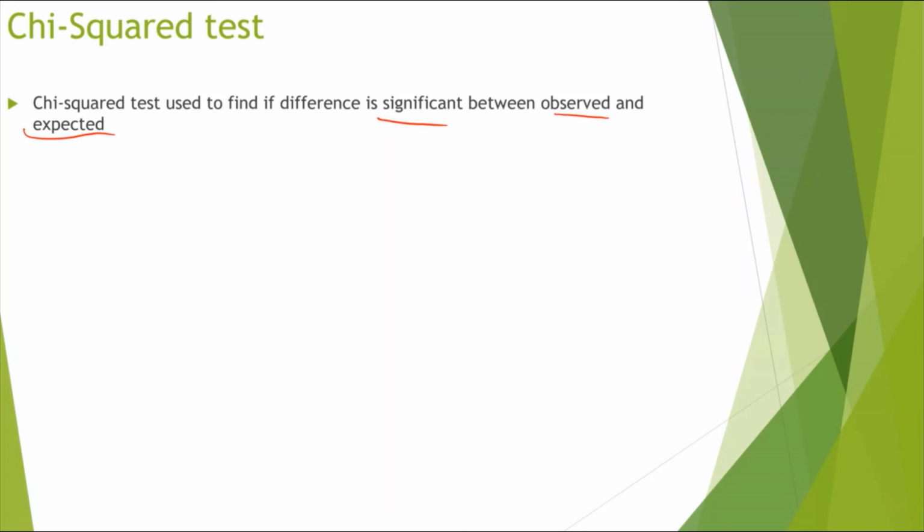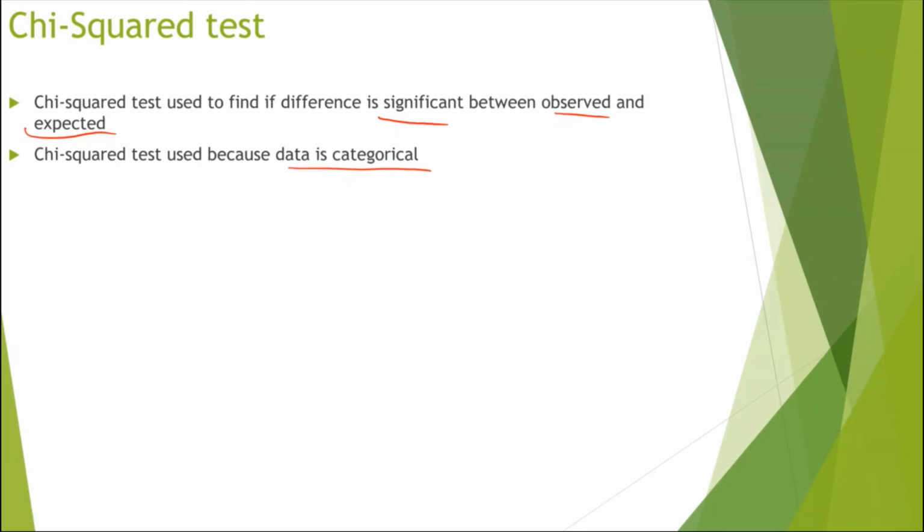So if they ask you to choose a test and you choose chi-squared, and if they ask you for the reasoning, just say that we use a chi-squared because we want to find if there's a significant difference between the observed and expected. You could also mention that the chi-square test is used because the data is categorical, because for most of inheritance, the phenotypes will be categorical, for example, looking at colors. So just mention these 2 reasonings.